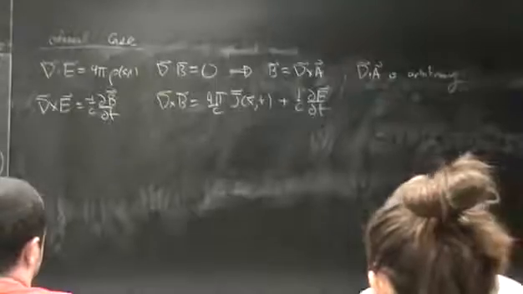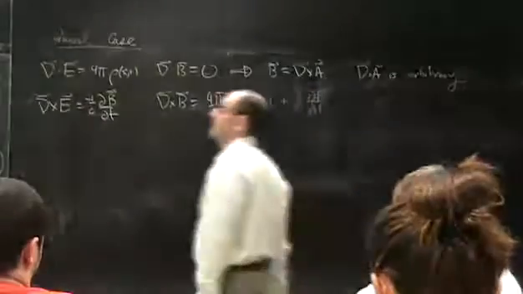So that means that E is not just the gradient of a scalar field, unless this happens to be 0.